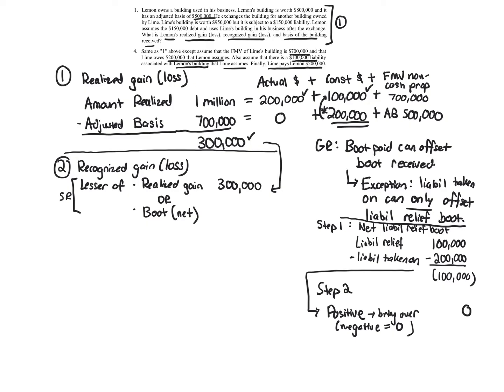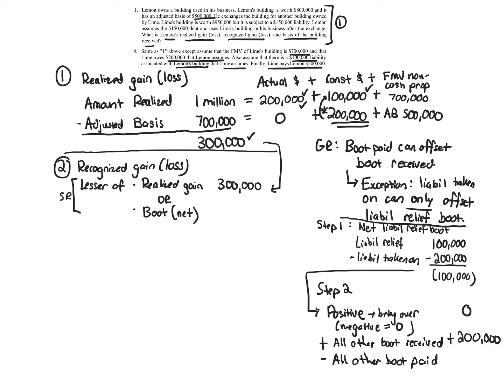You then are going to add all other boot received and subtract all other boot paid. So here, do we have any other boot received? Yes. We've got $200,000 of actual cash received. So we add that $200,000. Do we have any other boot paid?